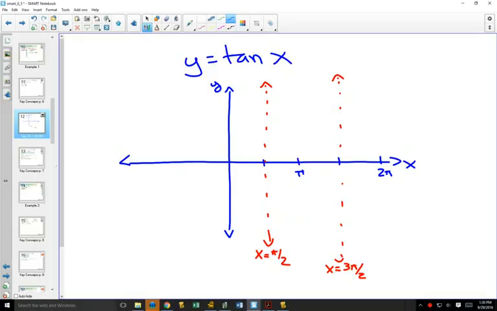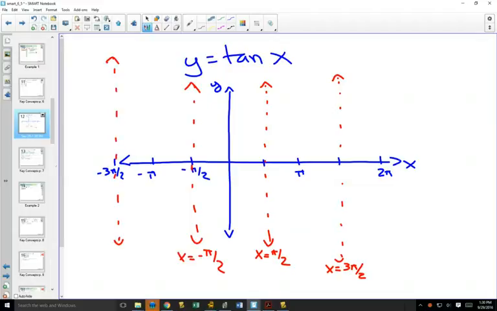If you went in the negative direction, you're going to have asymptotes at negative pi over 2 and negative 3 pi over 2 as well. And it would keep going forever.